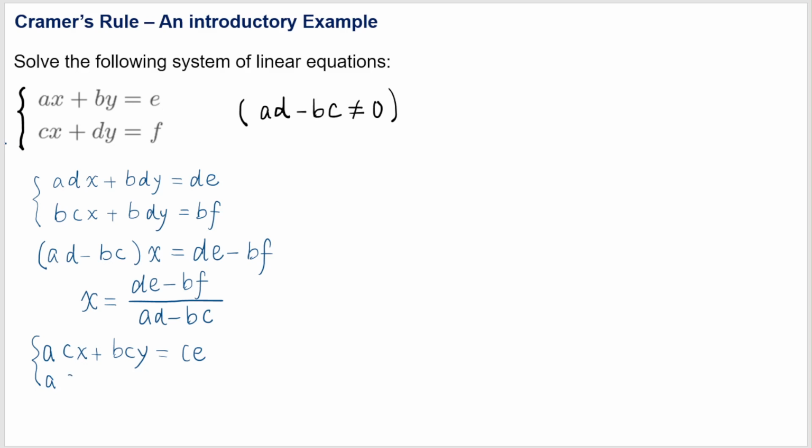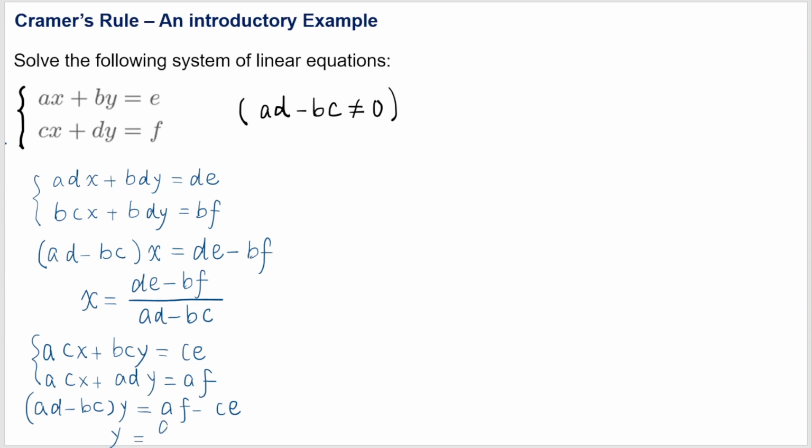Therefore, we have acx plus ady equals af. Then we subtract the first equation from the second one, which gives us ad minus bc times y equals af minus ce.